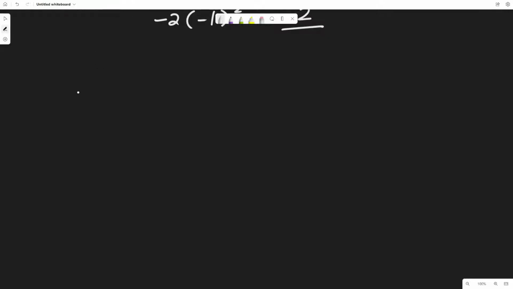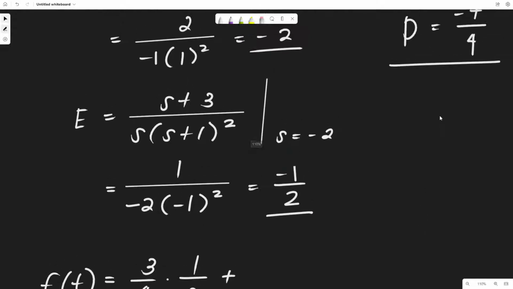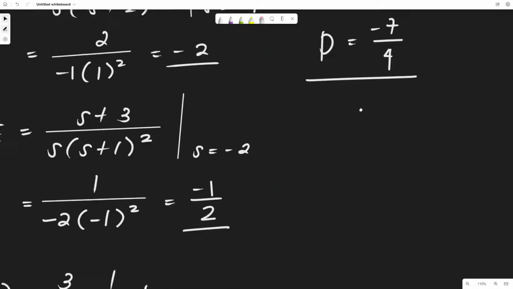So, f of s is equal to, what's the value of a? Diba? A is equal to 3 over 4 multiplied to 1 over s. Diba? Then plus, or rather, tama, plus, the value of b is 1, diba? Ayan. B is 1.